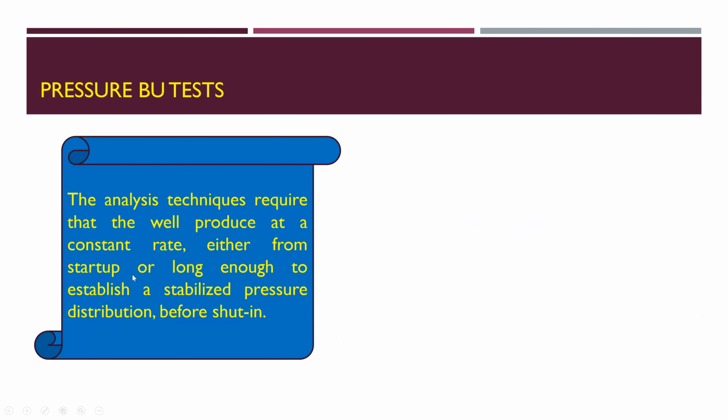What about the build-up test? The analysis technique of the build-up requires from us that the well is either producing from day number 1 or, immediately before the build-up, producing at a constant rate with a stabilized pressure distribution. So we have to guarantee the stabilization in terms of pressure distribution before the shut-in.